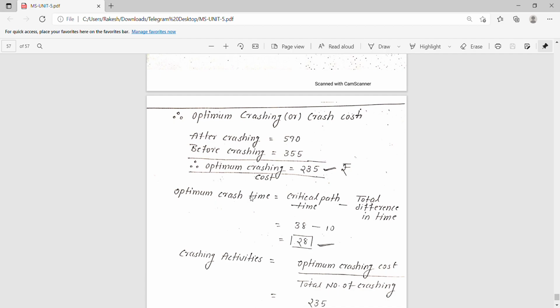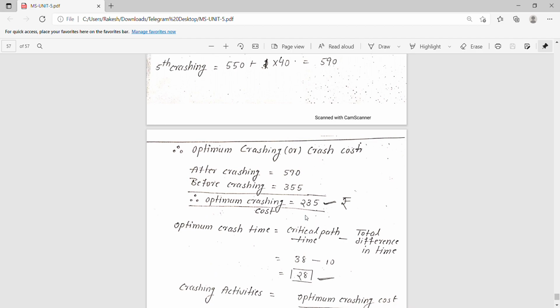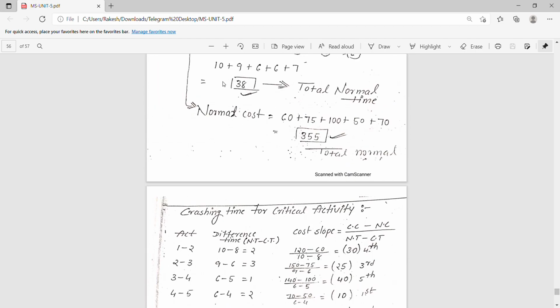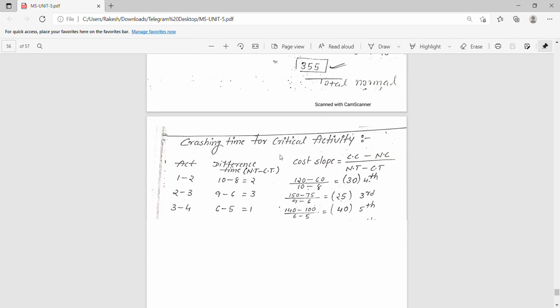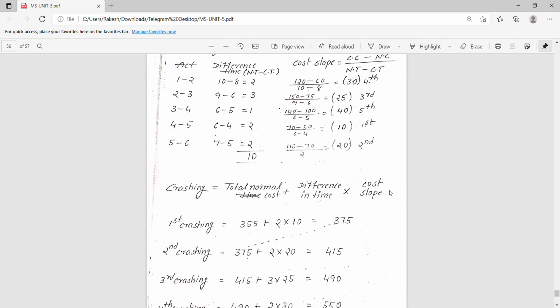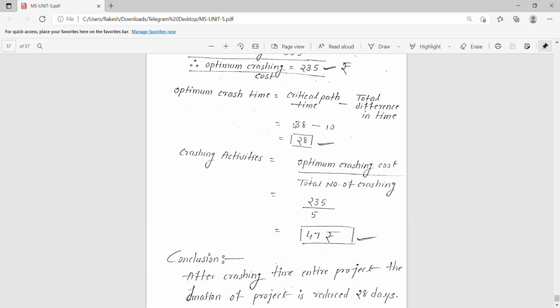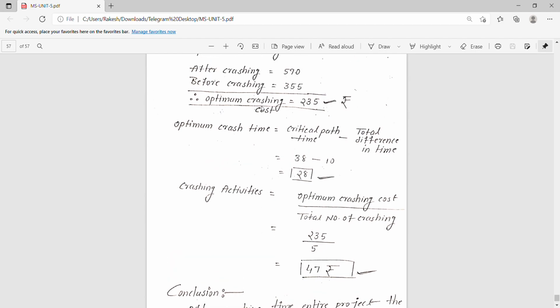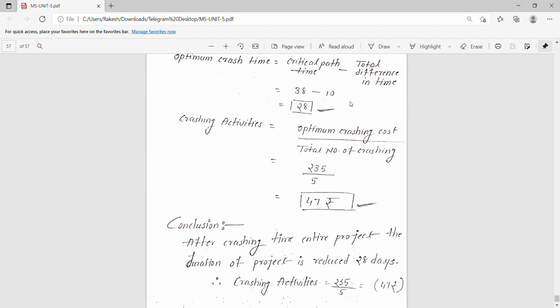When we calculate the optimum crashing time, it is the critical path time, which we calculated as 38, minus the total difference in time. The total difference in time we got is 10, if we add all these differences. So if we calculate this we get 28, and this is enough. The optimum crashing time is 28 and the optimum crashing cost is 235.